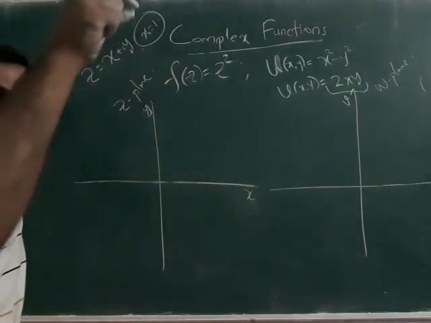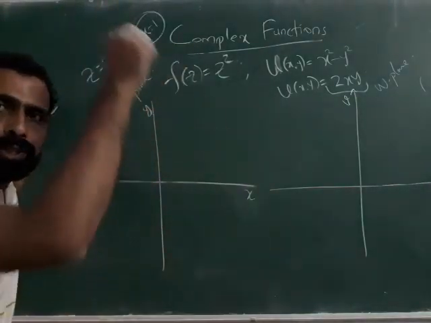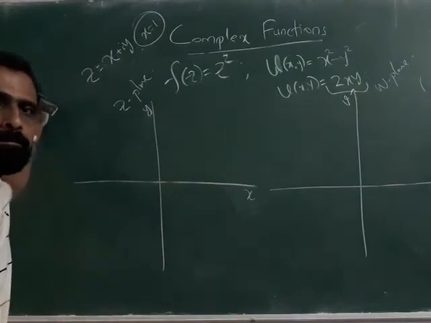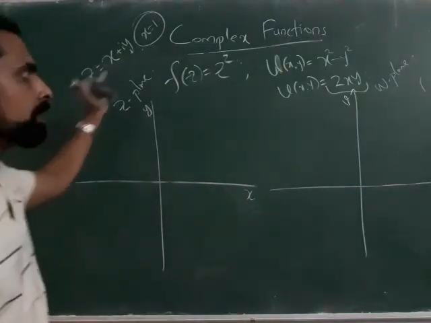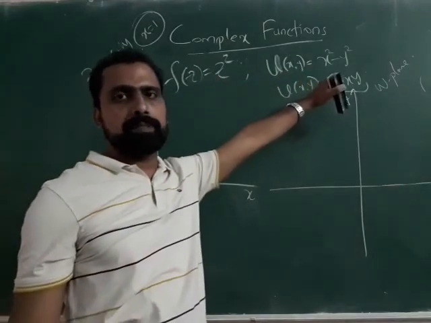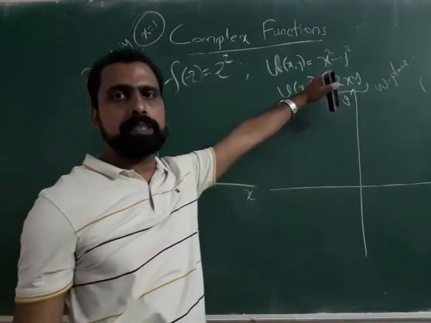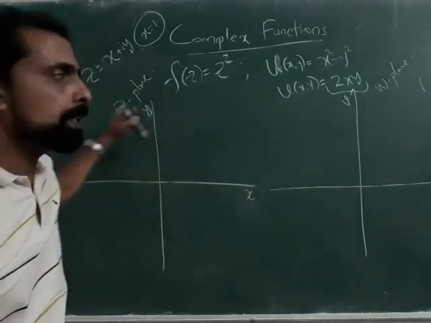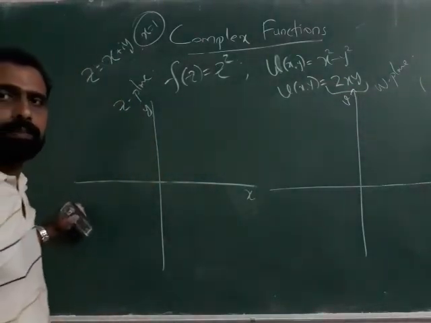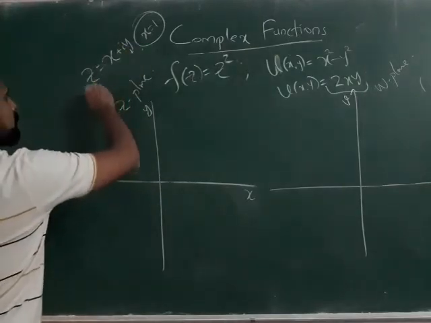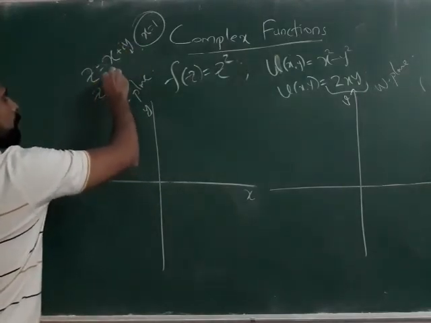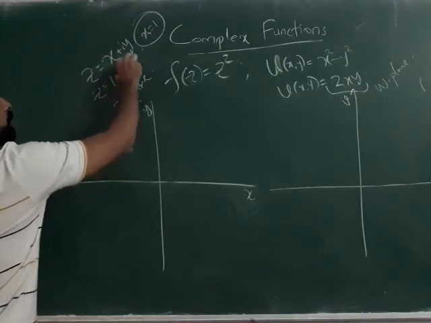Now I have to look at all the locus of points that give z equal to 1 plus iy, then look at the corresponding v. That is easier to deal with, because otherwise you have plenty of points.